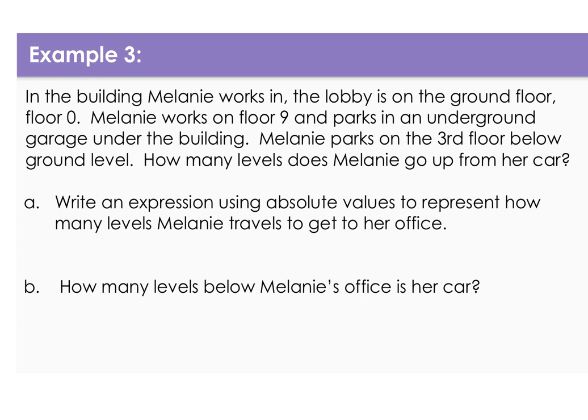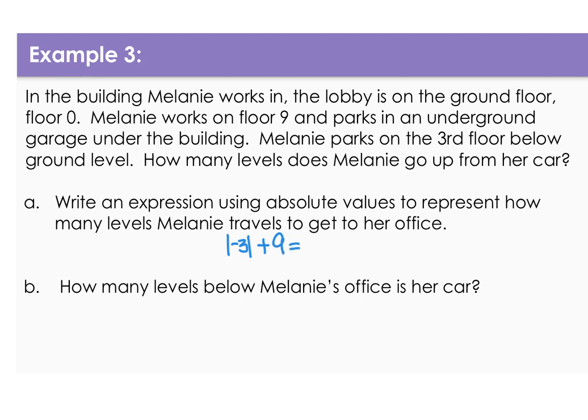In the building Melanie works, the lobby is on the ground floor, floor 0. Melanie works on floor 9 and parks in the underground garage under the building. Melanie parks on the 3rd floor below ground level. How many levels does Melanie go up from her car? So here we have to use an absolute value of negative 3 because that's how far below she is. And then we're going to add 9 to it.